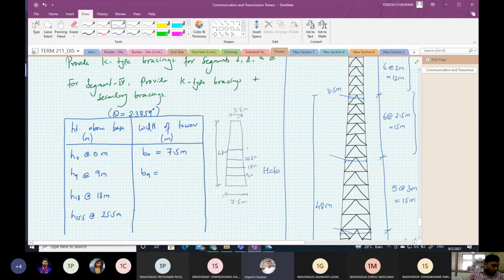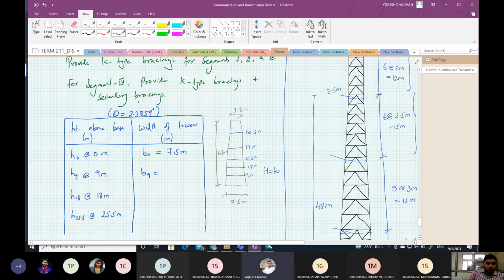Similarly, find the width at 33 meter and at 40.5 meter. So you can interpolate the values to get this.